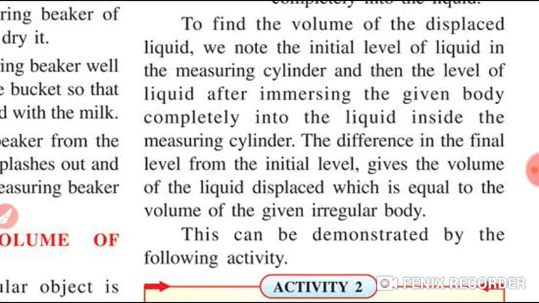Then the level of the liquid after immersing the given body completely into that liquid. The difference in the final level from the initial level gives you the volume of the liquid displaced, which is equal to the volume of the given irregular body.